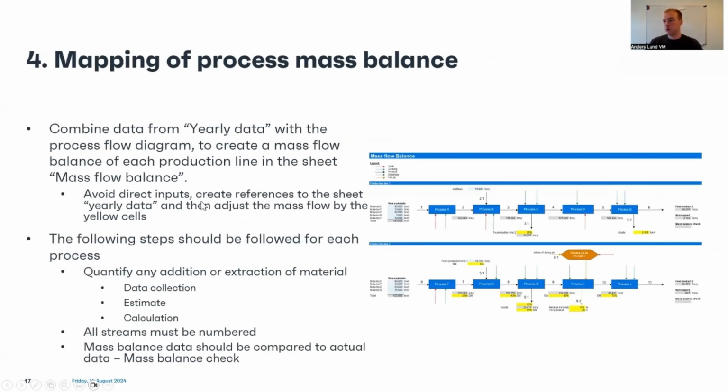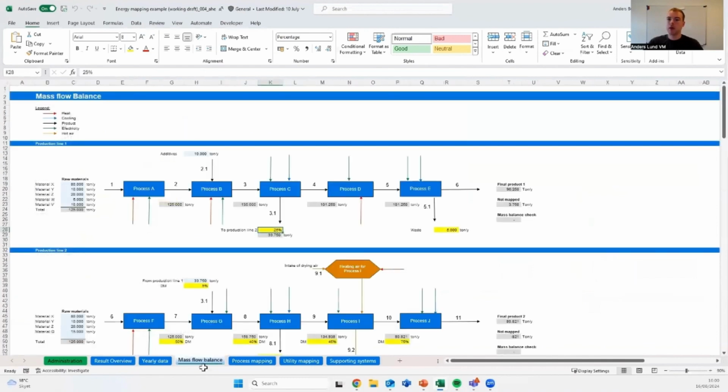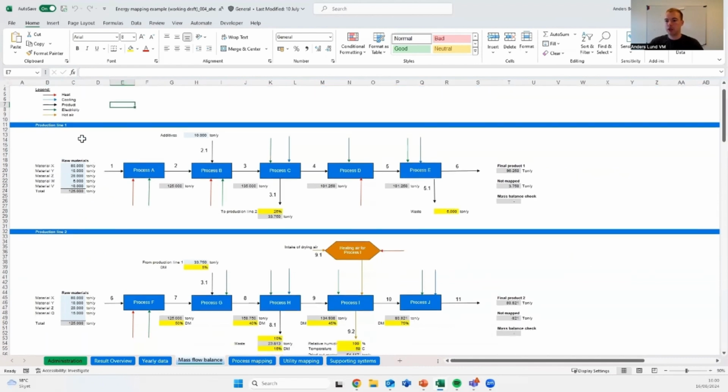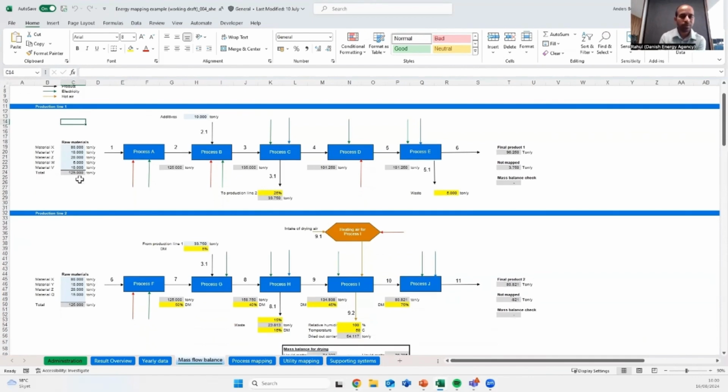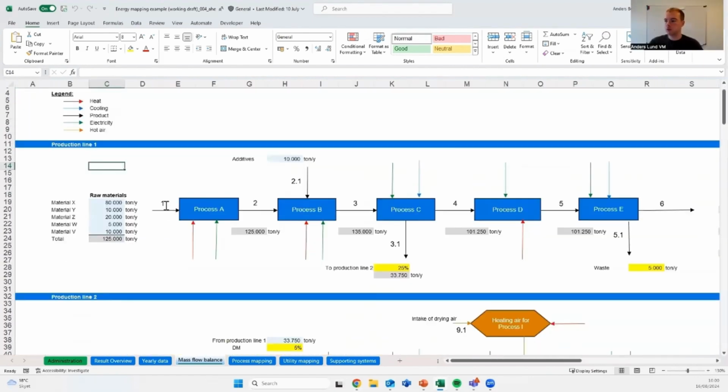So maybe Anders, you can just show the spreadsheet also. Yeah. So we have the mass flow balance in this sheet called mass flow balance. And here you should sketch the production line. Anders, could you please zoom in a bit? Yes, of course. Is that better? Yes, yes.